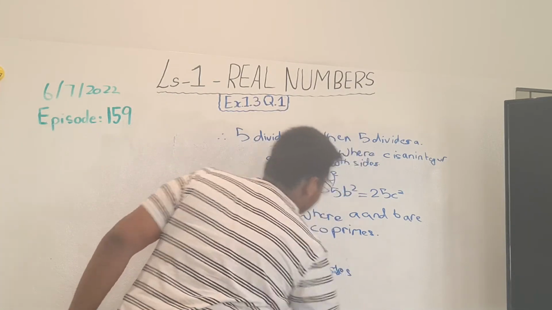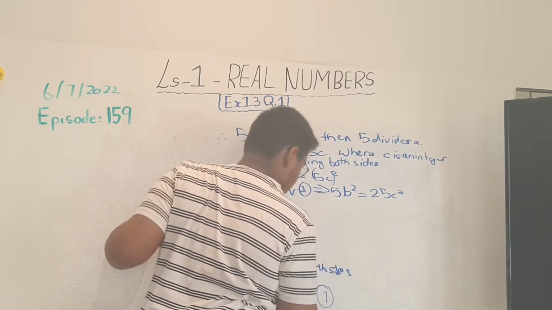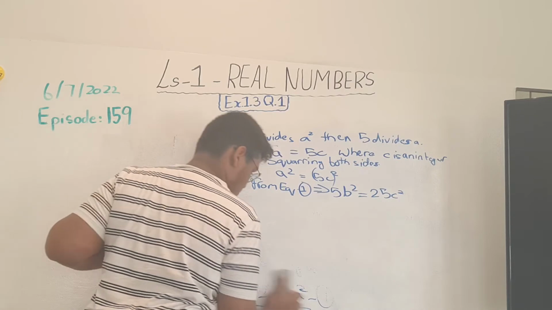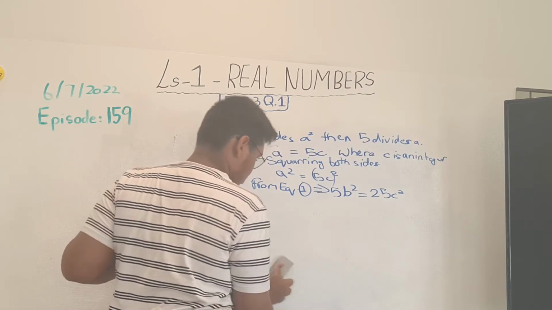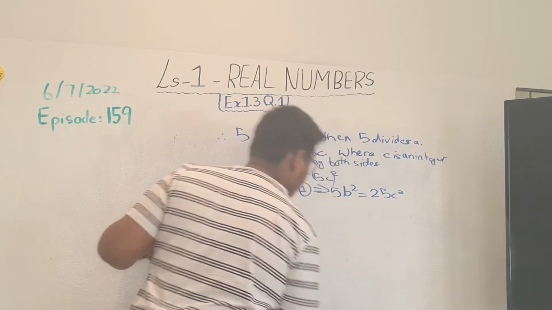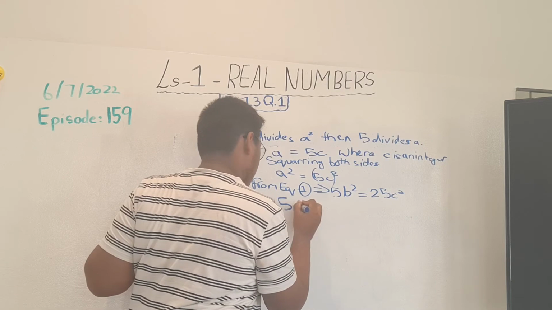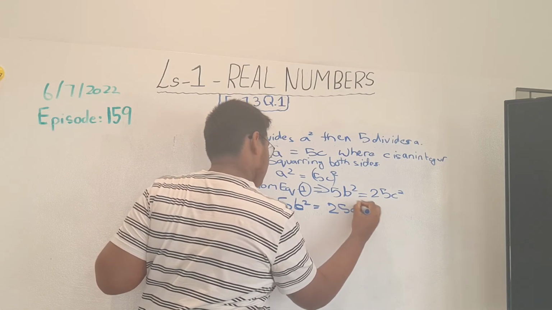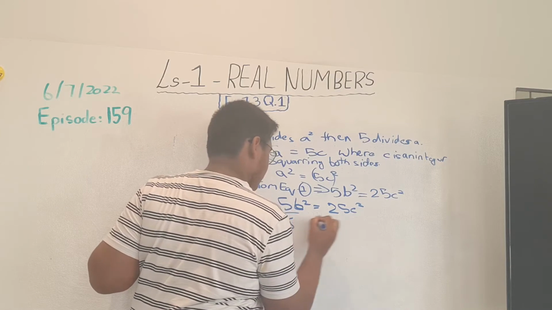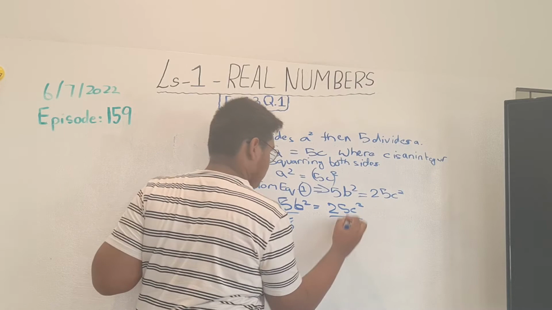So we can write 5b square equals 25c square. Now here we can divide by 5, because 5 is common in both, so we can cancel it.